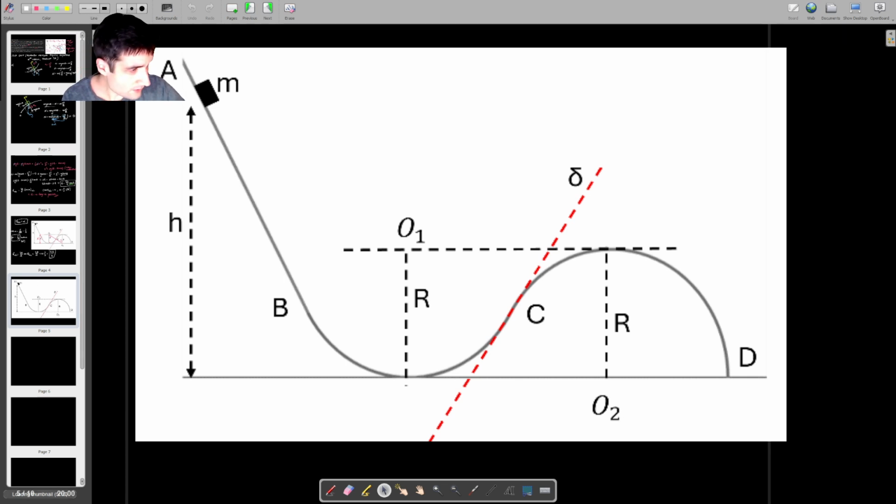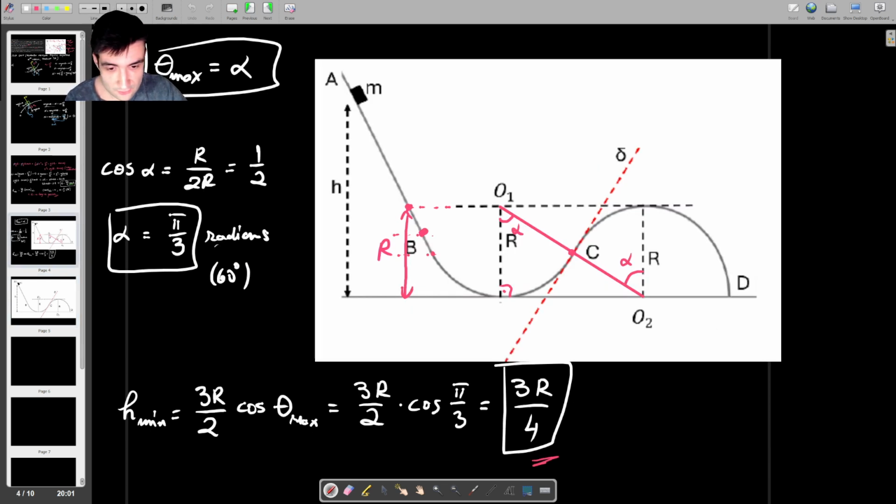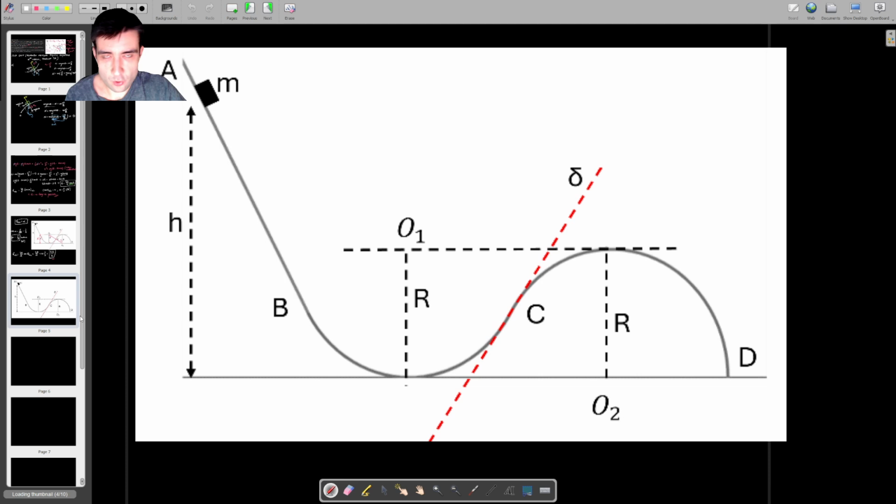So what I've got going on for me here is the diagram, which basically, if our object is released from any height above 75% of r, it will always detach, and it will always detach at point C. Right?